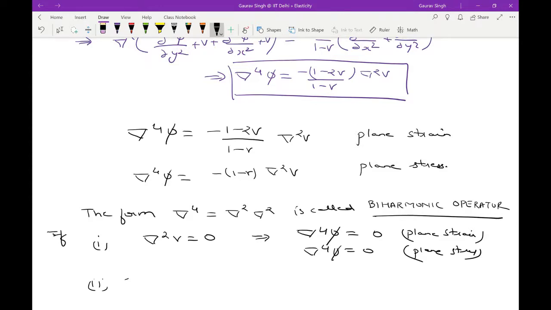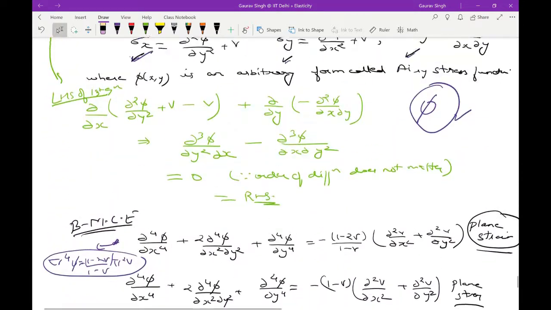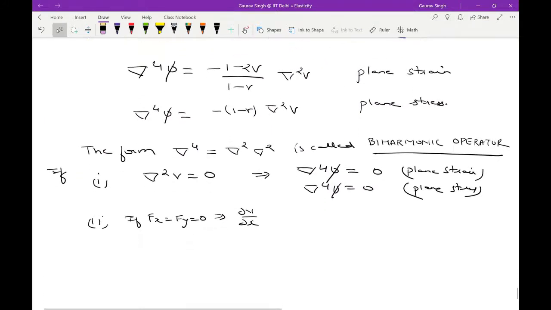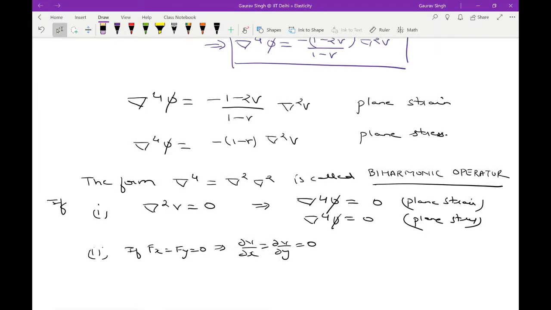So let's check that. If fx is equal to fy is equal to 0, this implies dou v by, what was fx, yes, minus dou v by dou x. So dou v by dou x is equal to dou v by dou y is equal to 0, and if this is true, then check whether this implies that this is also true. Check.